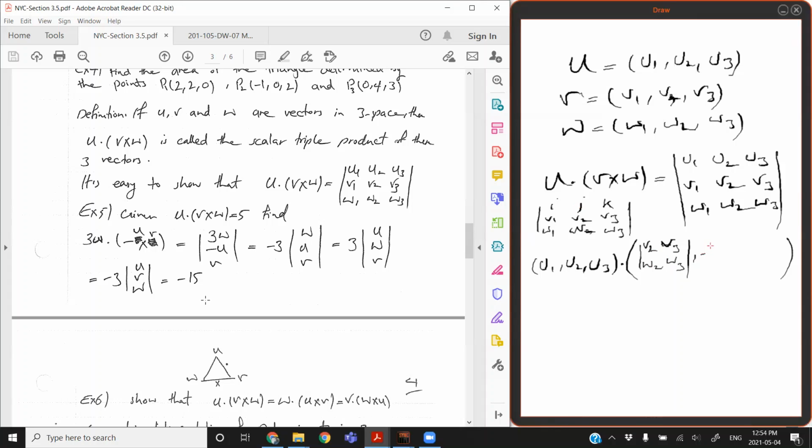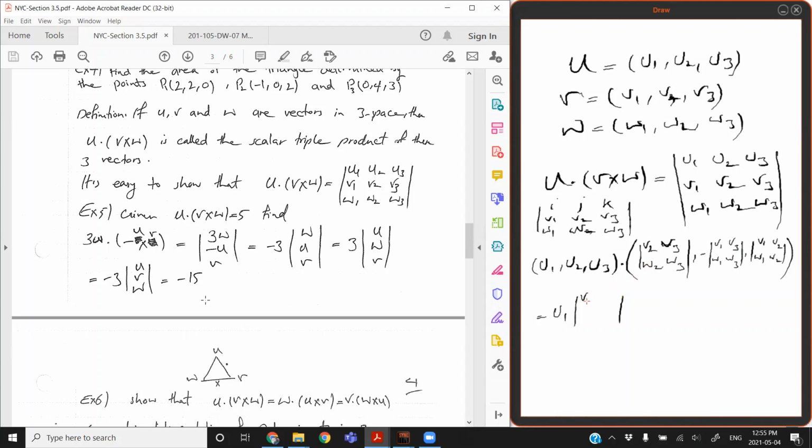So you have minus V1, V3, W1, W3. And then for the third component, it's the cofactor corresponding to K. So it's going to be V1, V2, W1, W2.